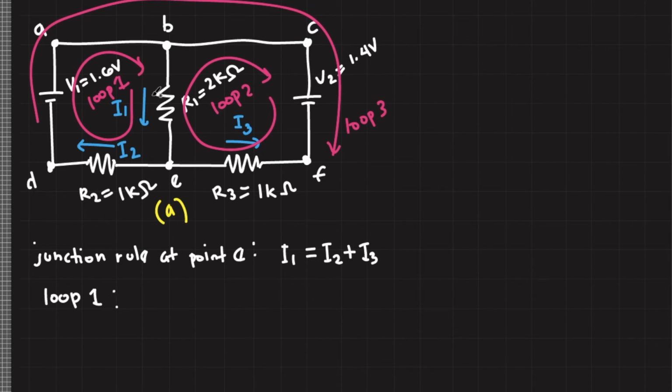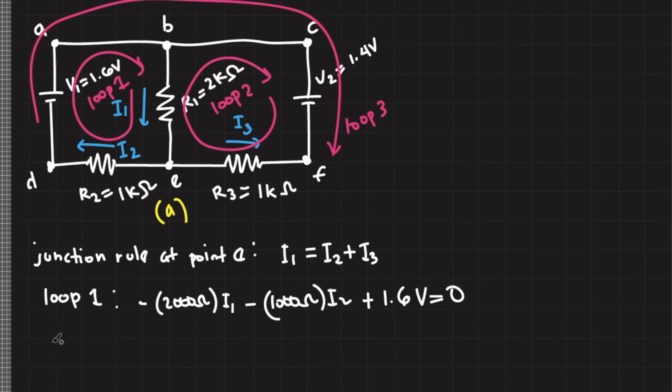So first, my loop passes through R sub 1 and it's going to be a potential drop because its direction is the same as that of the current. So we have negative 2000 ohms times I sub 1. Next, my loop 1 will pass through R sub 2 and it's also a potential drop. And finally, my imaginary loop will pass through V sub 1.